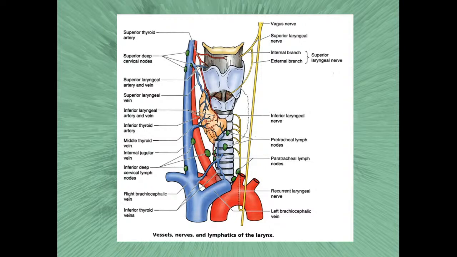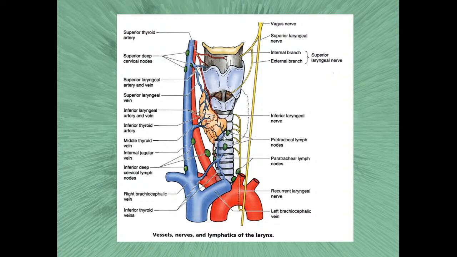Then through the lymphatic vessels, lymph gets to the regional lymphatic nodes. First group, superior deep cervical lymph nodes, you see the direction of the superior thyroid artery, and inferior deep cervical lymph nodes, direction of the inferior thyroid artery.